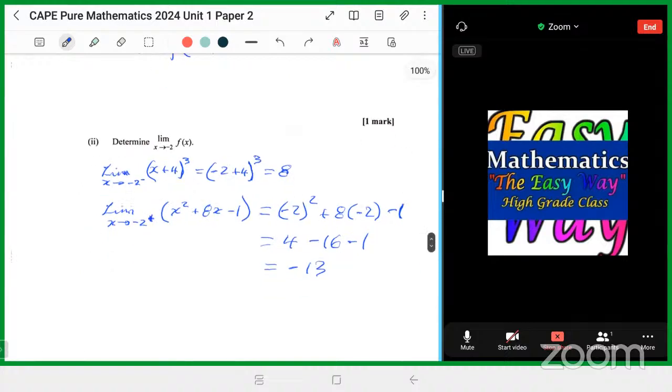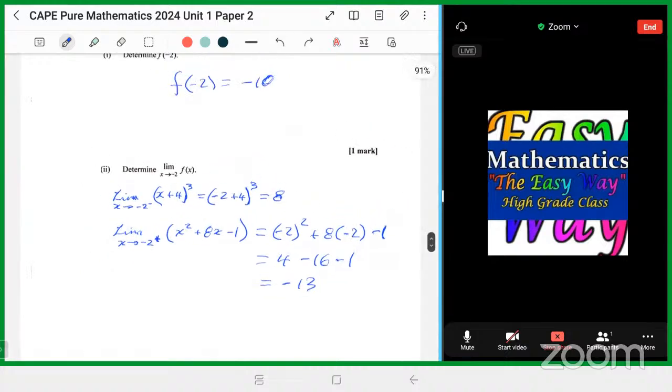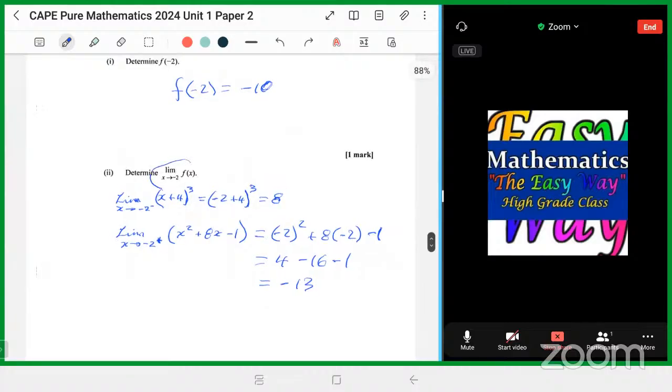So the limit does not exist. This means the limit from both sides does not exist. I get a different value from the left as I got from the right.